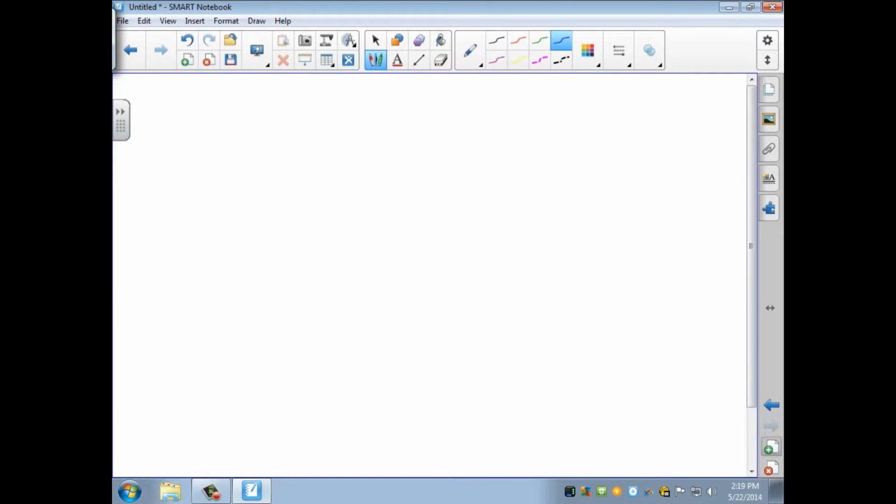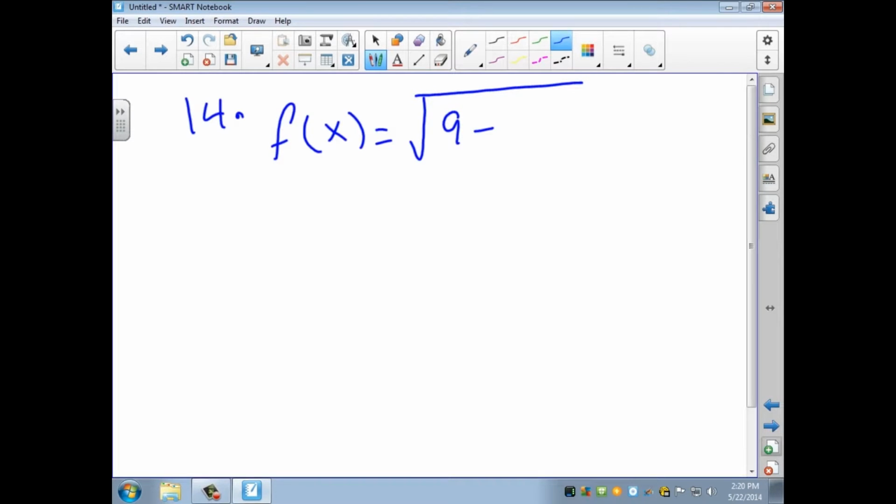Trying to find a variety of examples here. Question number 14 is asking you to find the domain of a function. If f of x is equal to the square root of 9 minus x.